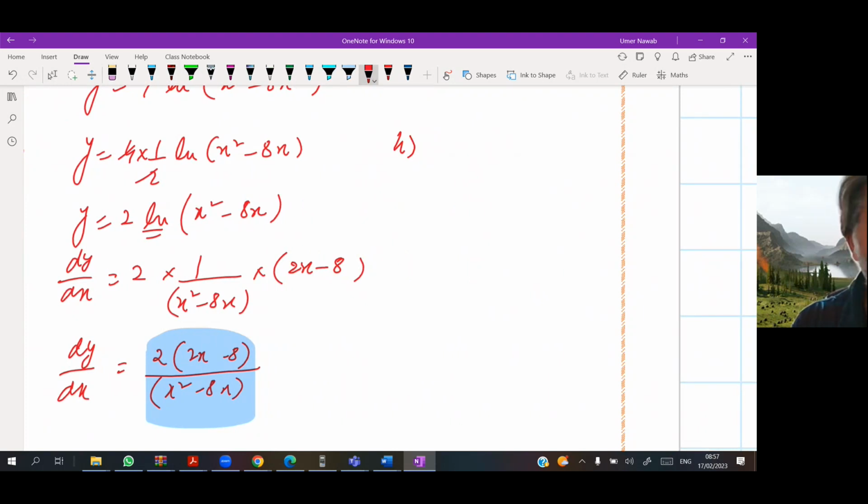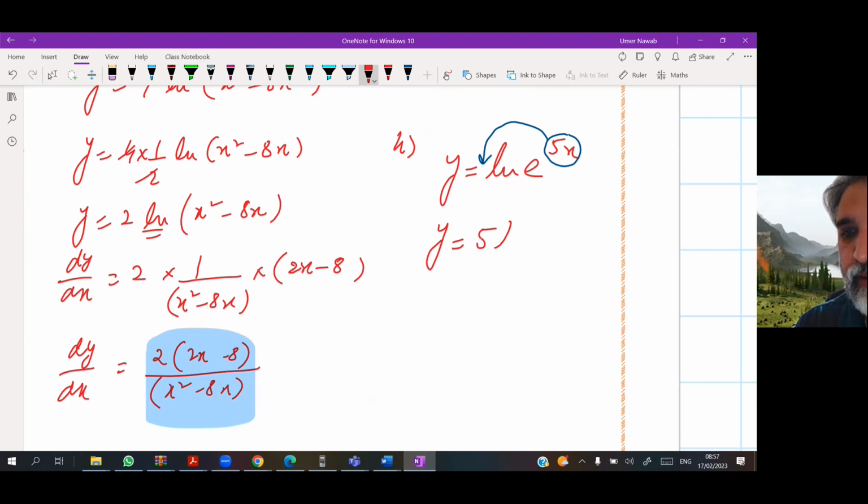So K part is y equals ln of e raised to power 5x. You may use the property. What is the property? Power property. This 5x goes back. I'm going to write y equals 5x ln of e. Wow.